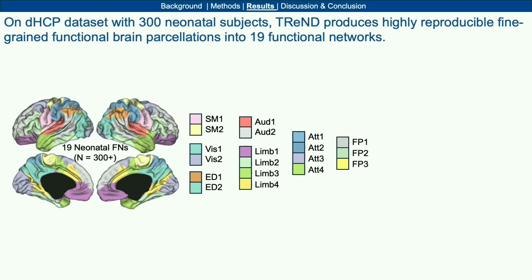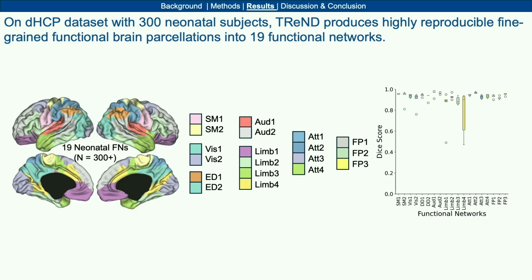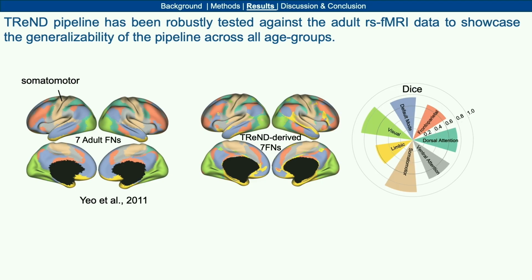When we go to 19 networks, there is some discrepancy in the reproducibility, but we were able to achieve around 80% average, or 0.8 Dice, if I mean that way. Now, this method was not intended for neonatal functional parcellation.